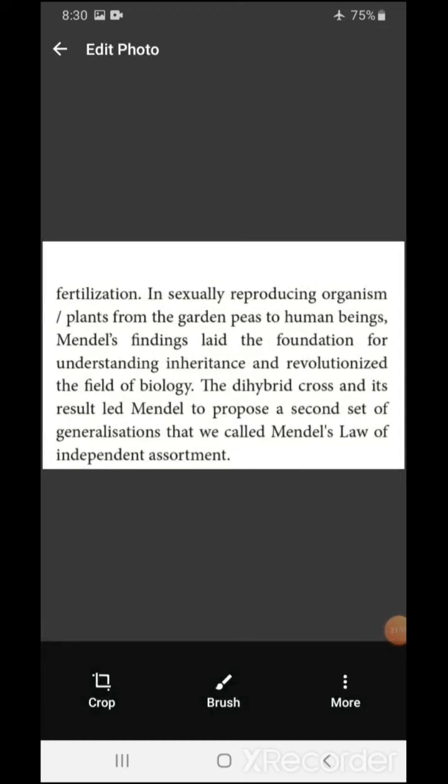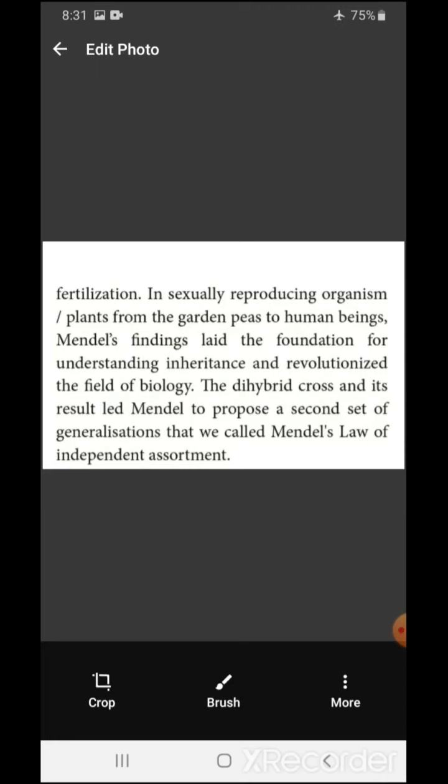So Mendel's 9:3:3:1 dihybrid ratio is an ideal ratio based on probability, including segregation, independent assortment and random fertilization. In sexually reproducing organisms, from garden peas to human beings, it is applicable to all organisms.